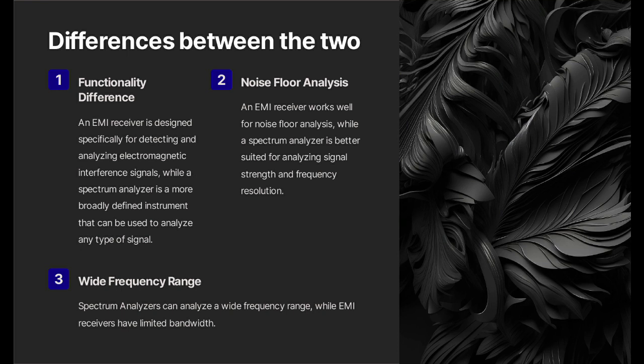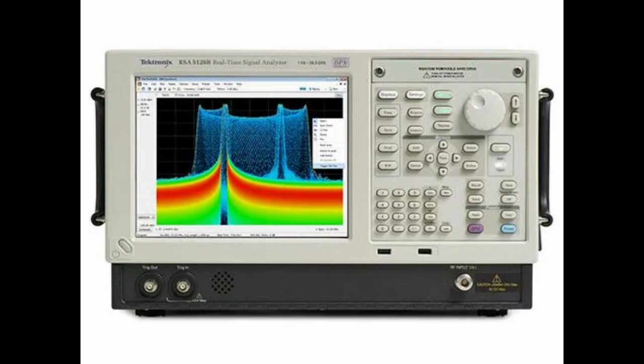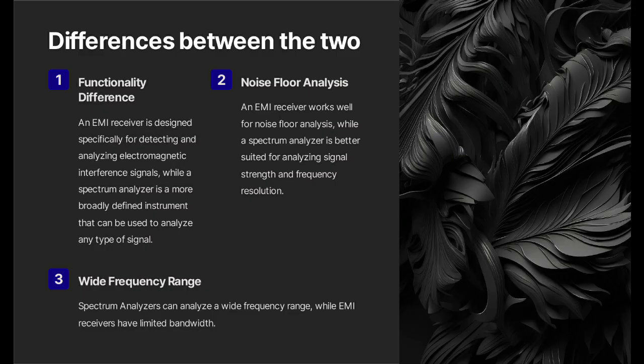But if you want to analyze signal strength and frequency resolution, then the spectrum analyzer is the best instrument. Then wide frequency range. We should know the frequency range of each instrument. A spectrum analyzer can analyze a wide frequency range, while an EMI receiver has limited bandwidth. It's a very specialized instrument, the EMI receiver, and because of that the bandwidth is very limited.